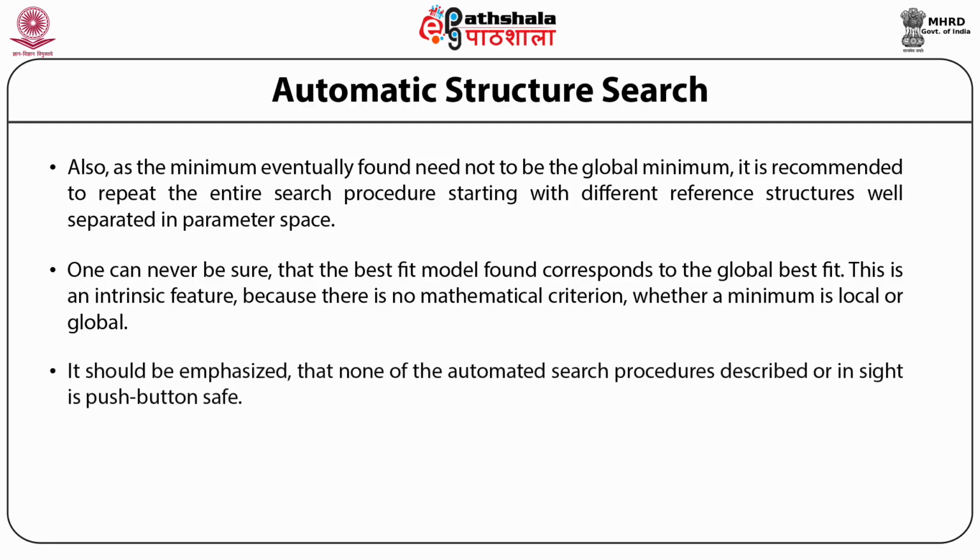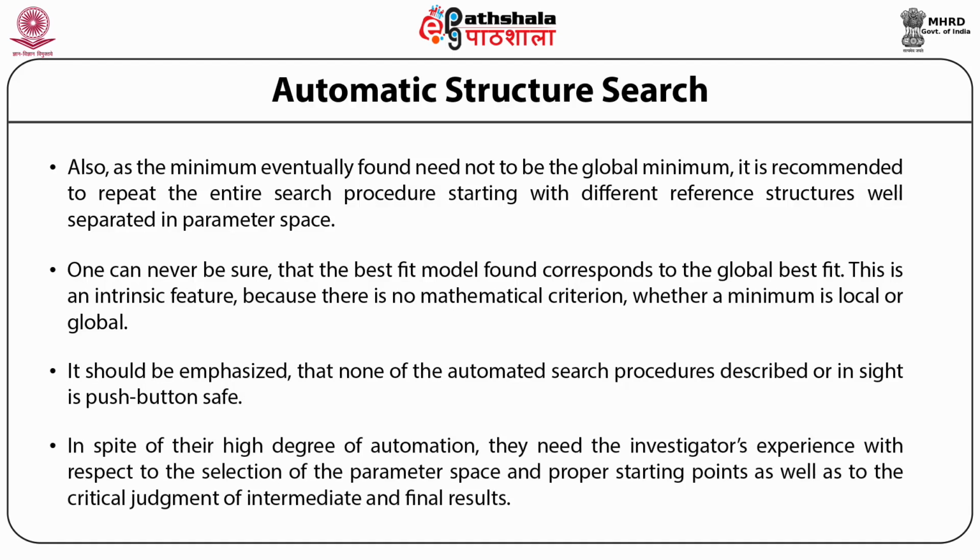It should be emphasized that none of the automated search procedures described or in sight is push button safe. In spite of their high degree of automation, they need the investigator's experience with respect to the selection of the parameter space and proper starting points, as well as critical judgment of intermediate and final results.